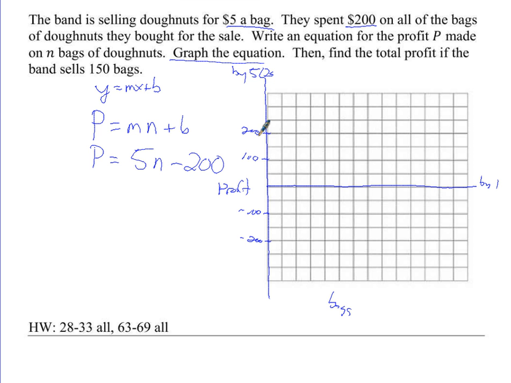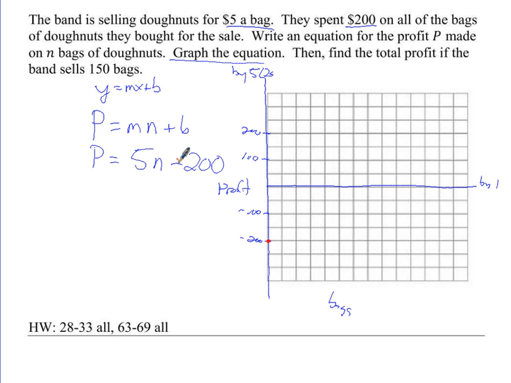We're ready to graph. So we have the y-intercept of negative 200. And then I need to pick something that's going to give me another ordered pair so that I can graph this easily. I'm just going to go over here somewhere, like 1, 2, 3, 4, 5, 6, 7, 8, 9. Let's go with 10 bags. If the band sells 10 bags, then that would be 5 times 10, which is 50.